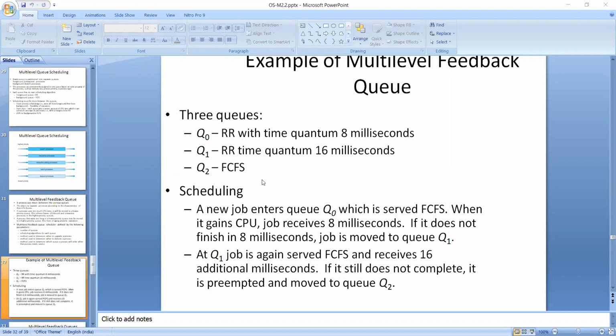Once the job gets the CPU, it will be held by that job until completion of its execution, because FCFS is non-preemptive scheduling. So until completion of the job, the CPU will be held by that job here in Q2. Let's see with the diagram.